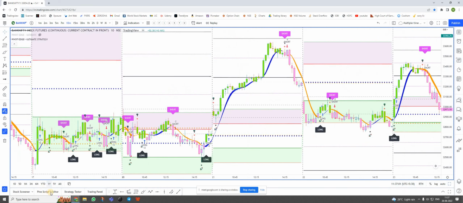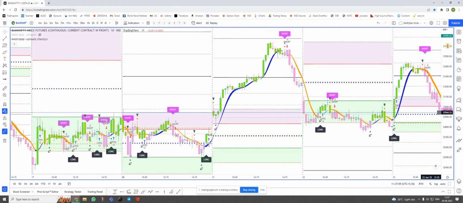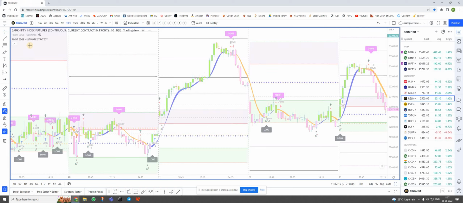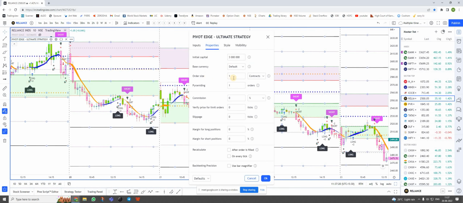Okay, so only on Bank Nifty or the stocks? Stocks also, you can take whichever stock you want. But for that we can do it with less capital itself. For example, suppose you want to take Reliance now. Order size you can put as 100, quantity 100 or 10, and you can leave this instead of contracts.